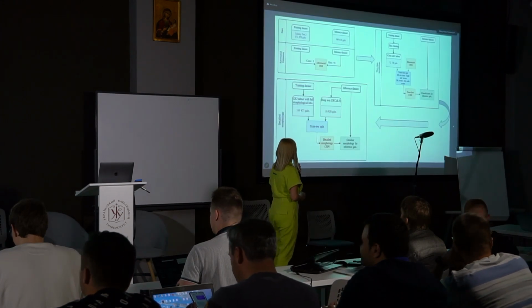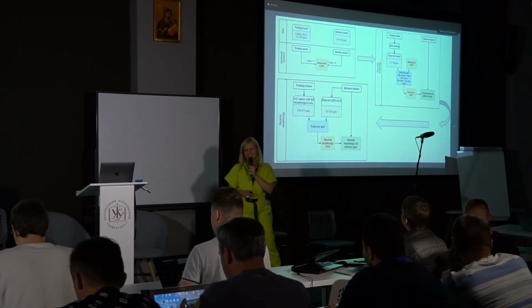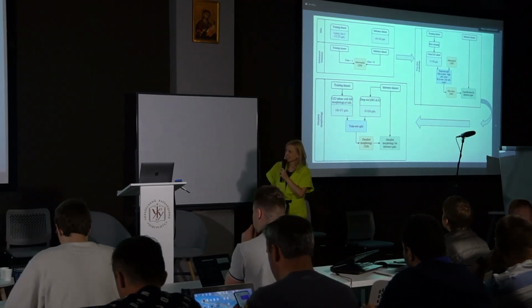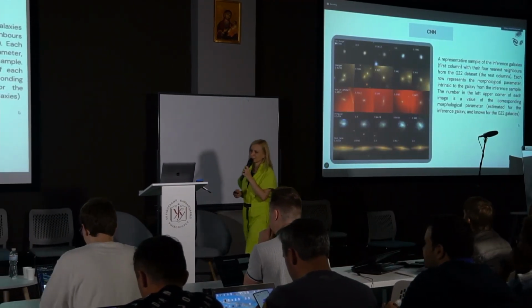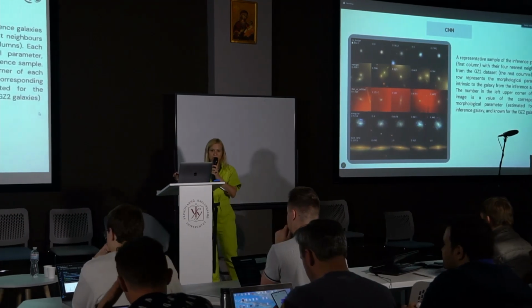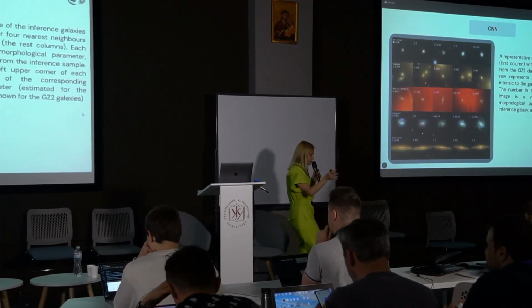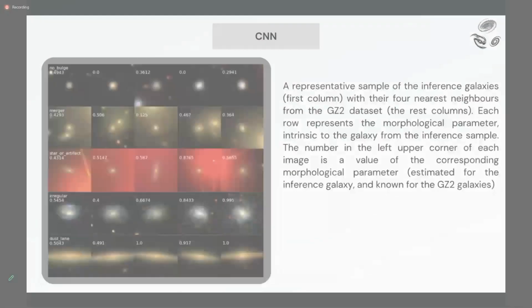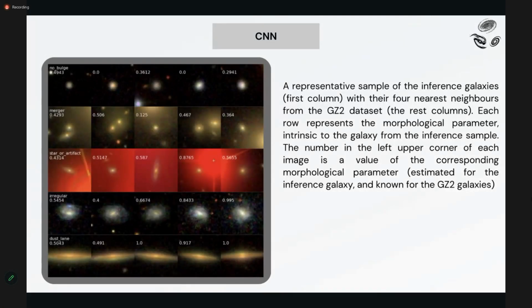And the last part, we decided to look at intrinsic parameters. For example, artifacts, or how many arms are inside the galaxy, or whether the galaxy has a dust lane, or is a merging galaxy. In this variant, we also took these parameters from Galaxy Zoo and used, as I said, the nearest neighbor.